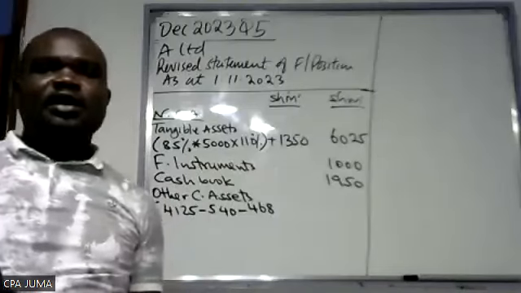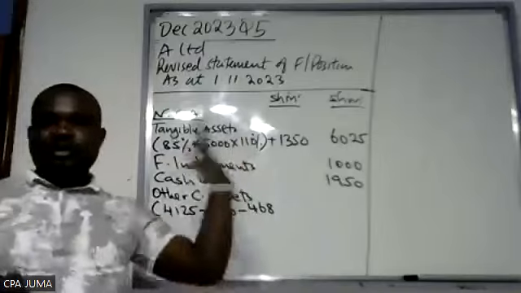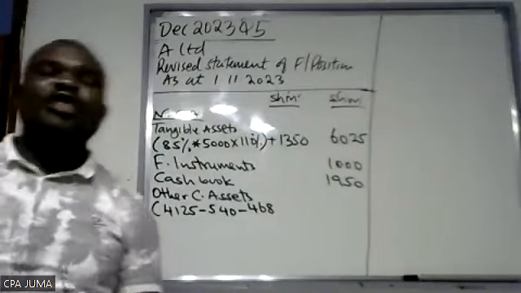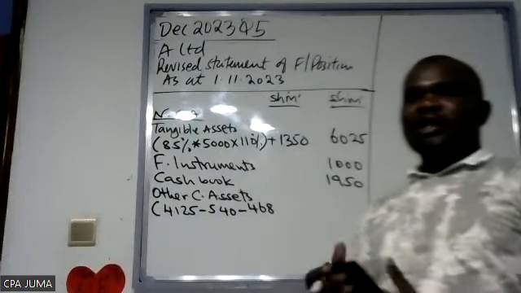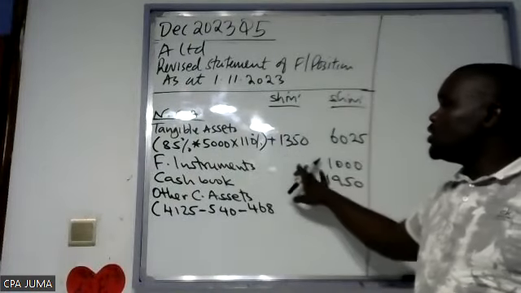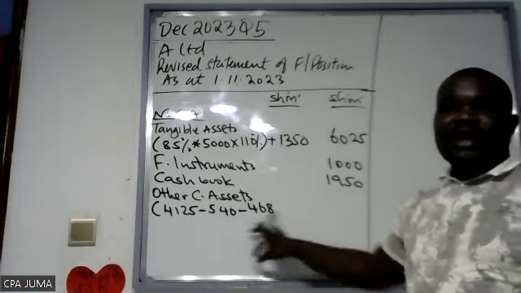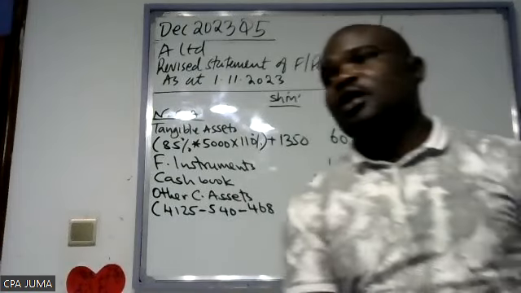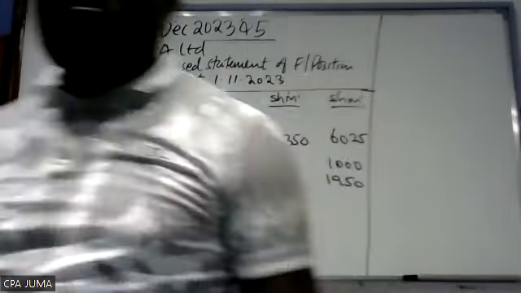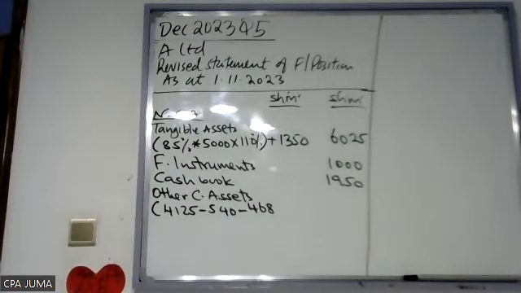What is your thinking? Let's just bring it up. That loss on bond investment must be subtracted. So should we subtract it on the financial instruments, or on other current assets? What do you think? I'll tell you what I'm thinking, but tell me what you think first. Or let's leave it.